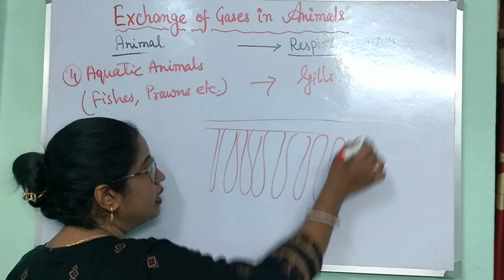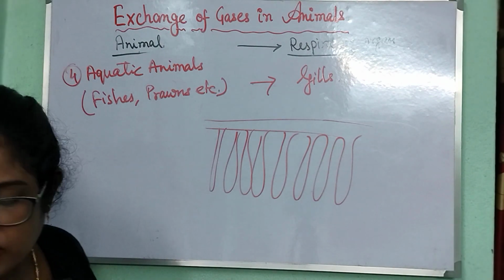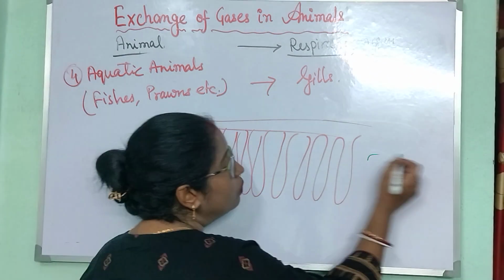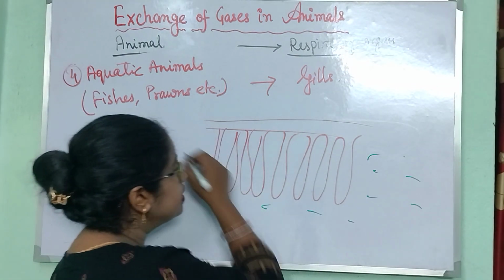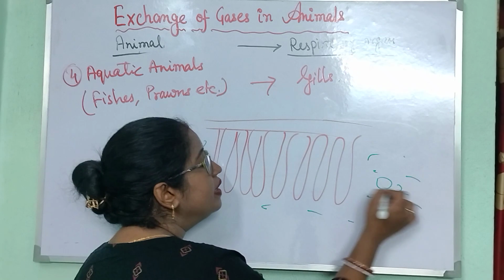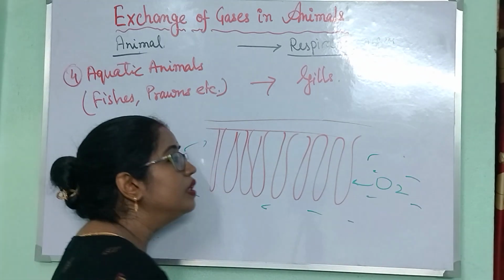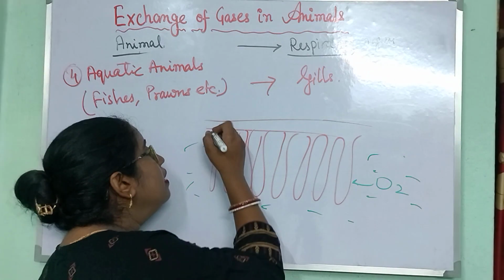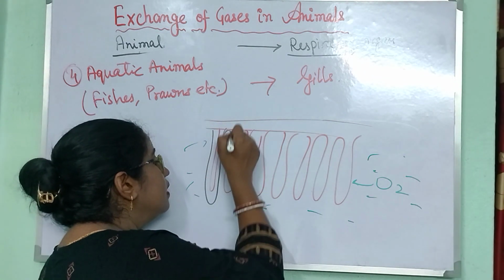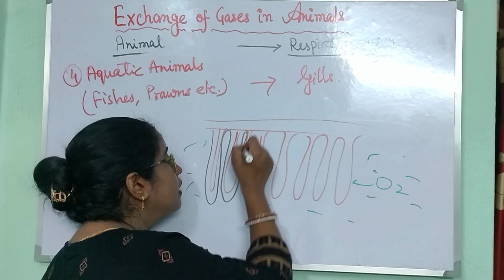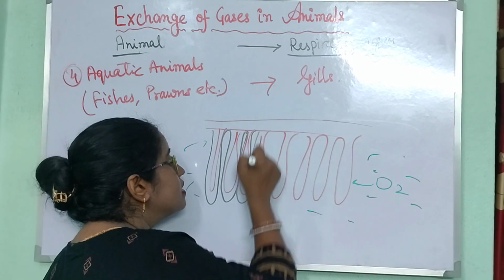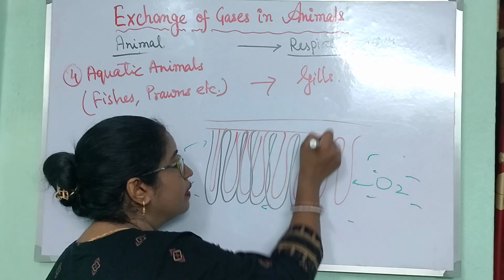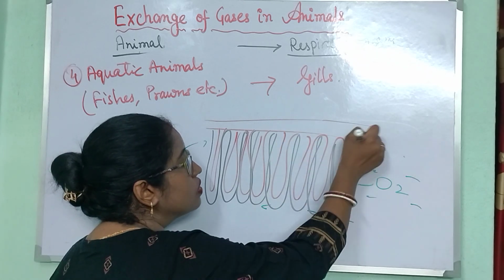There are these comb-like structures known as gill slits. The oxygen present in water simply diffuses into this gill area. If this is the gill, then the blood vessels are present in the gill slits to take up this oxygen.